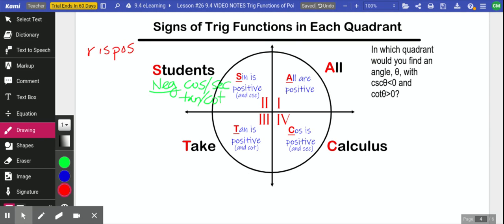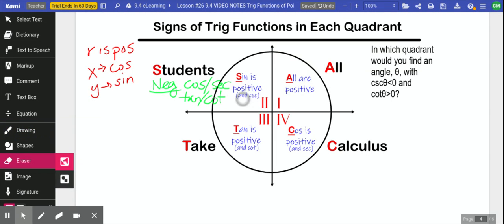Okay, and x connects to our cosines, and y connects to our sines. Nope, that's backwards. Nope, that's not backwards. Sorry. All right, so in quadrant 2, we would go negative, then positive.